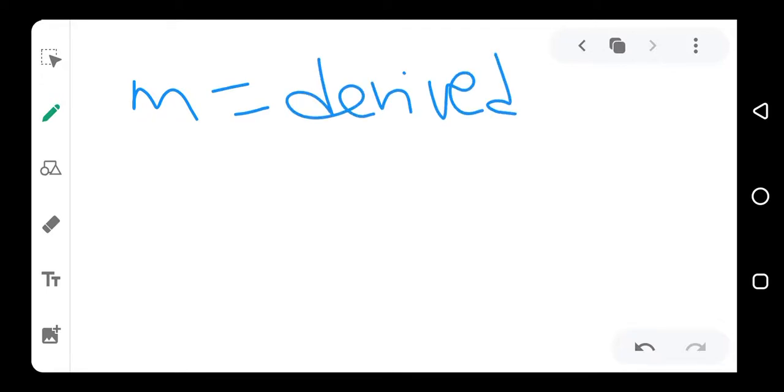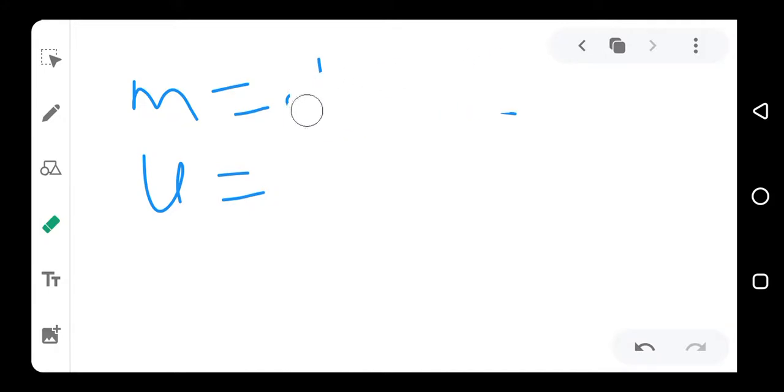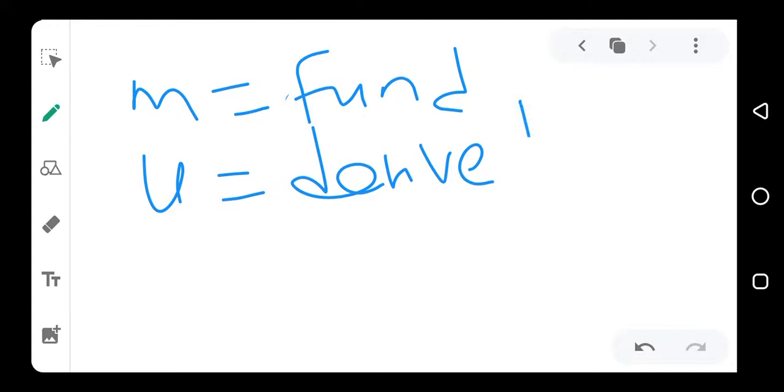Another m is a fundamental quantity, and u is a derived quantity. So the next step is to take the derived quantities and find their dimensions.